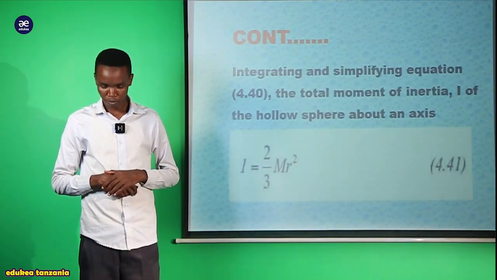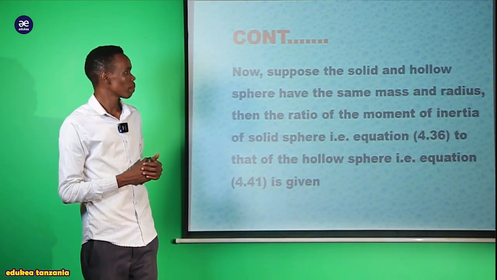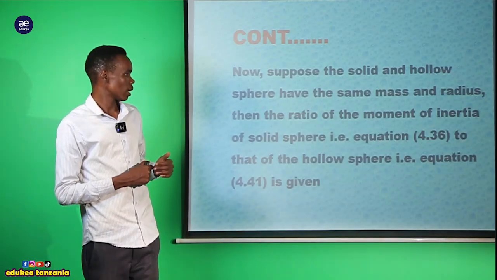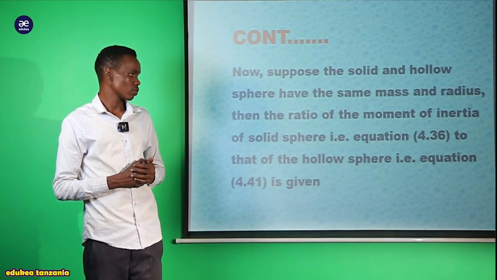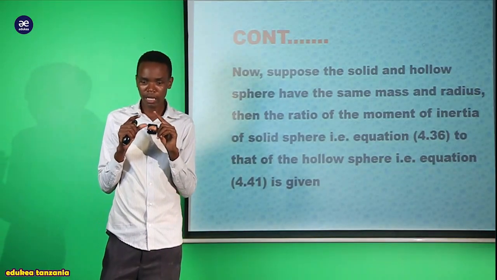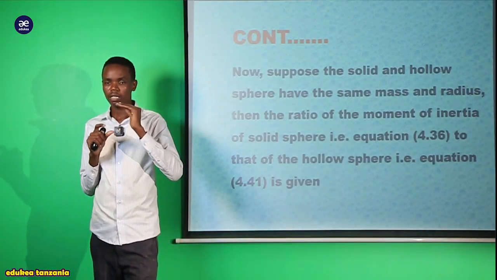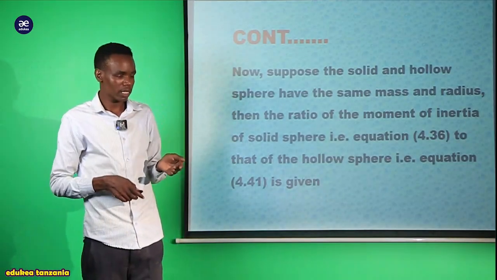After this, suppose the solid sphere and the hollow sphere have the same mass and radius. Now the ratio of the moment of inertia of the spheres is given as follows. Let us imagine that the hollow sphere and the solid sphere have the same mass and radius.